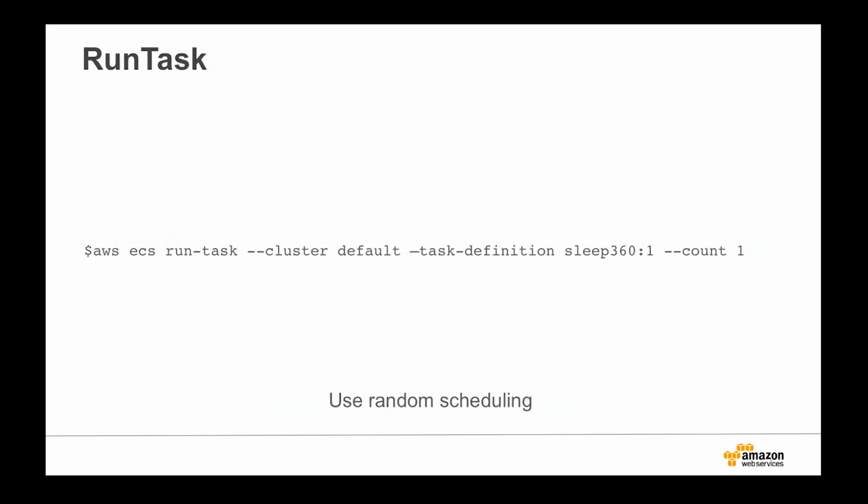Count could be 100, and depending on the size of your cluster, this API call will try and schedule 100 copies of this task definition onto your cluster, and as long as resources are available, they'll get scheduled. And it's a randomization approach. It tries to balance availability with trying to prevent a single instance, for example, from getting every single task being launched onto it.